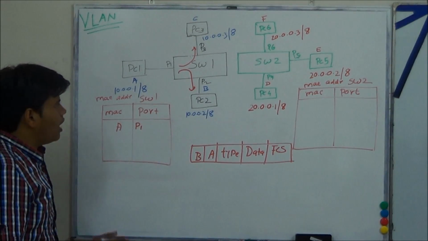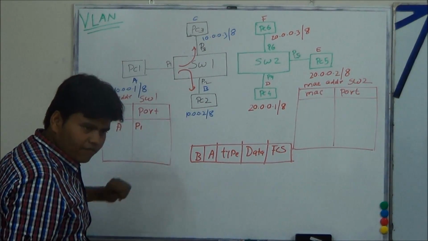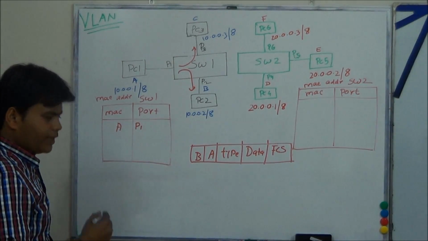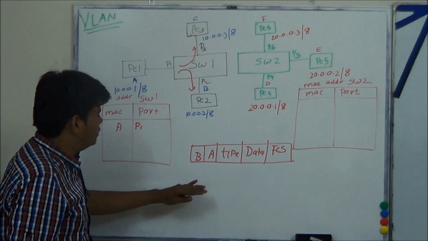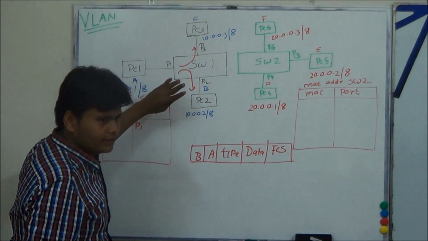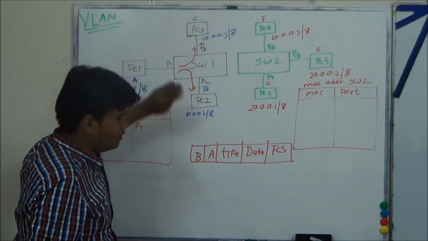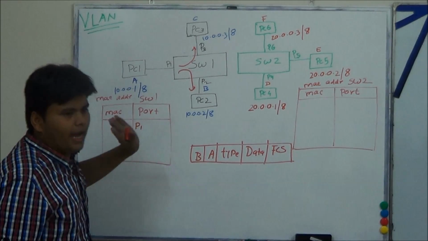Now we will assume that PC3 receives that frame. It checks the destination MAC address of the frame, which is B, and compares it with its own MAC address, which is C. There is no match, so it simply rejects that frame.